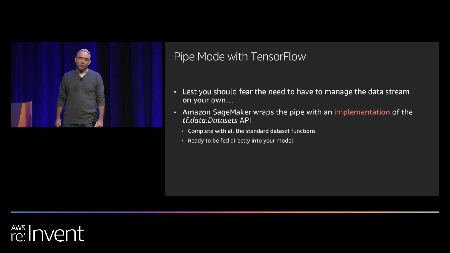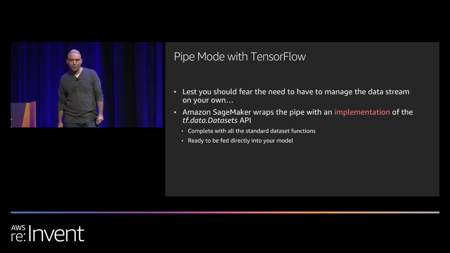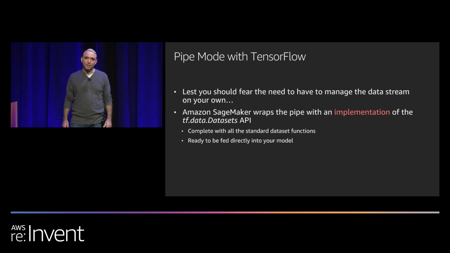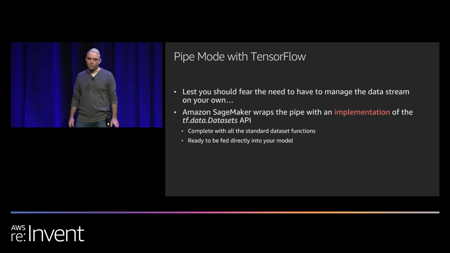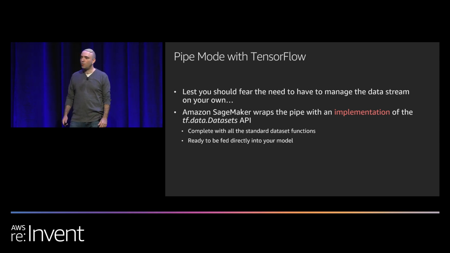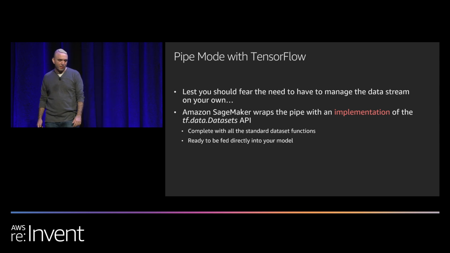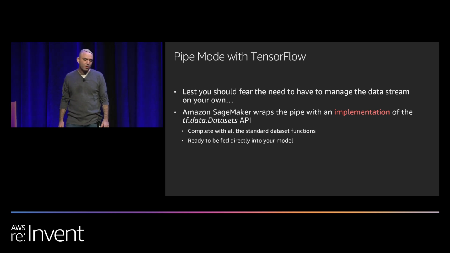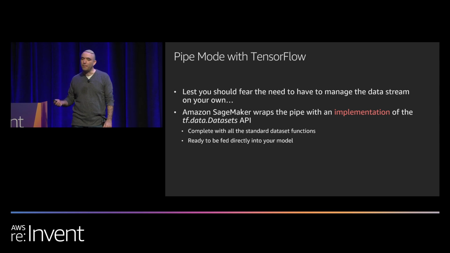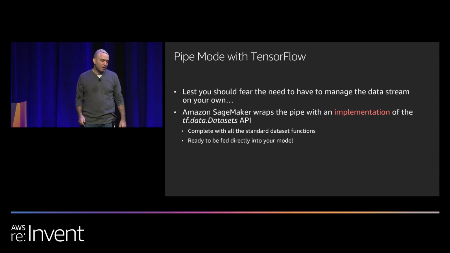By wrapping a pipe mode with an implementation of the TensorFlow dataset API, not only does SageMaker hide all the low-level pipe management from you, but it also automatically gives you implementations of all of the dataset utilities, such as shuffling, mapping, batching, and interleaving.